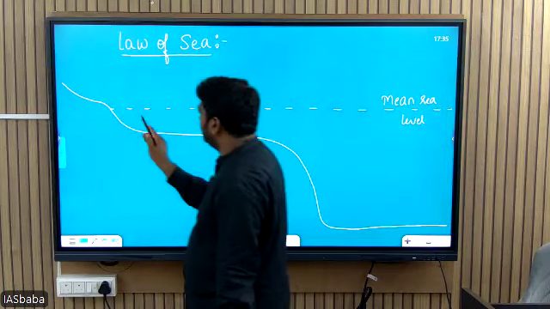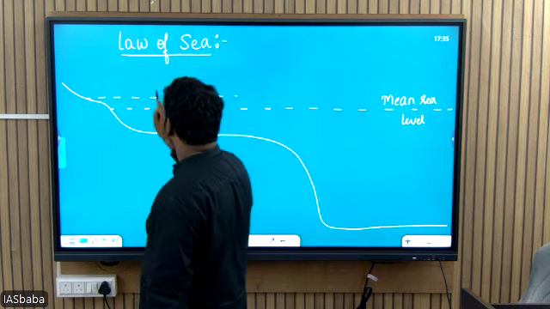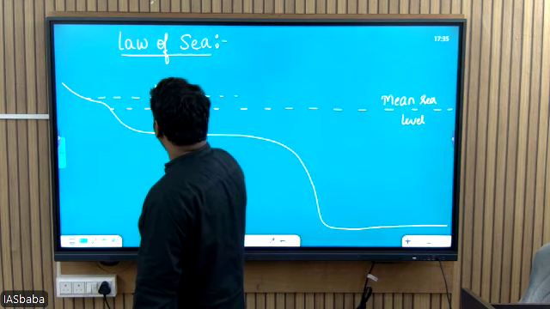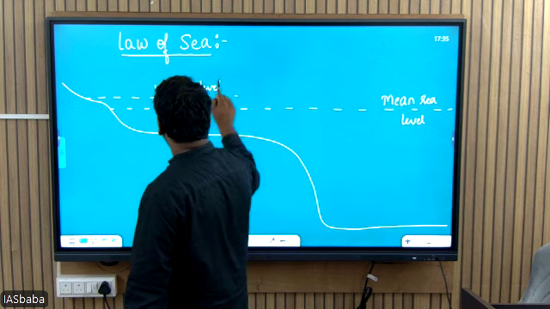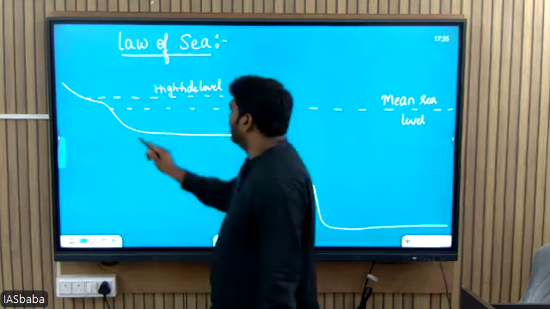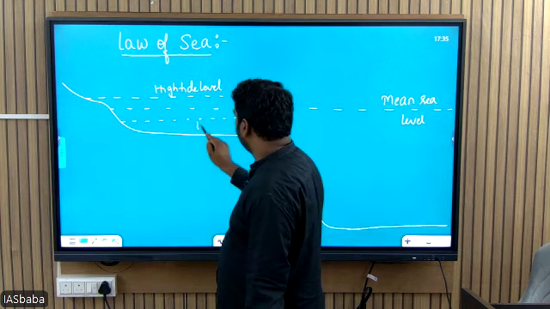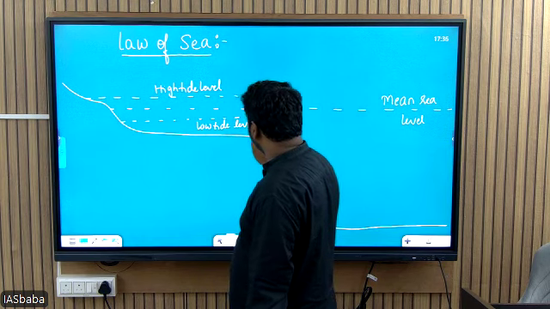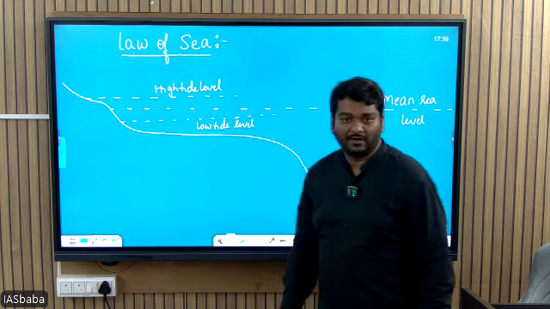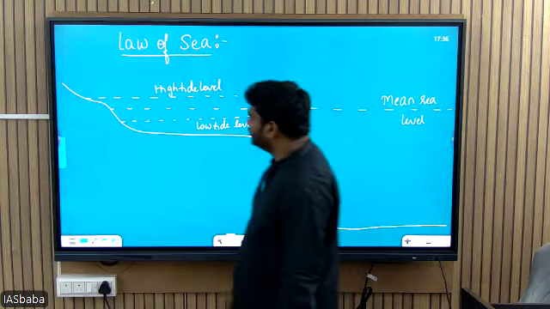Now, from here, whenever the water level rises, we call it high tide level. And if the water level reduces, we call it low tide level. Above is called high tide level, below is called low tide level.